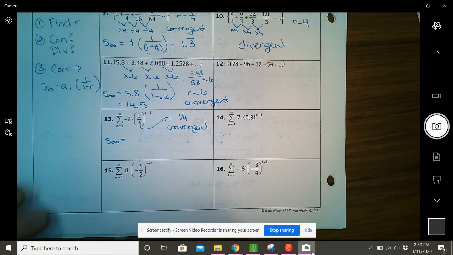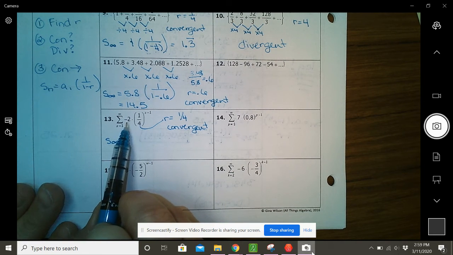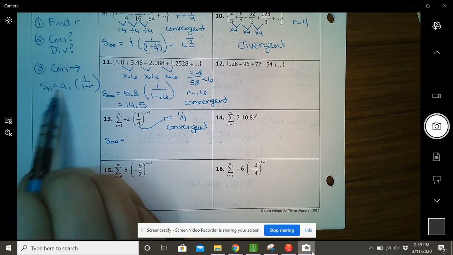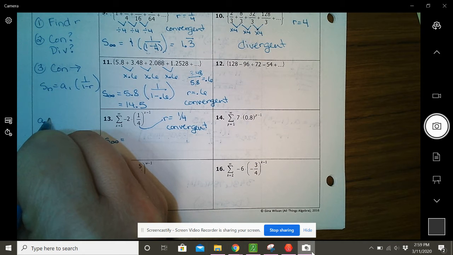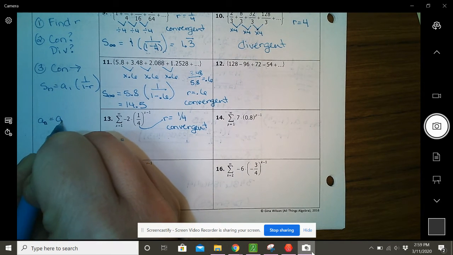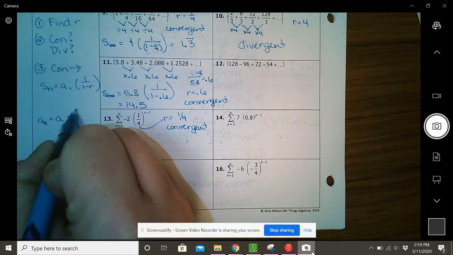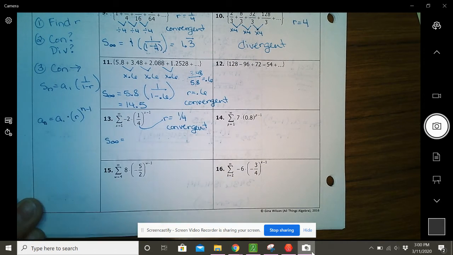Okay. My first term is -2. And I'm getting that from right here, everybody. Or you could even go back to your geometric sequence, where we started with a sub 1 times the R value to n minus 1.